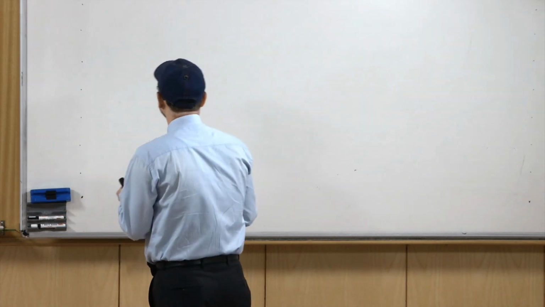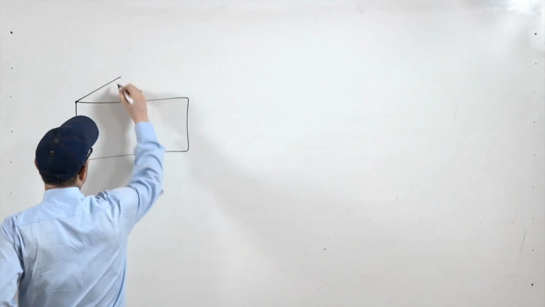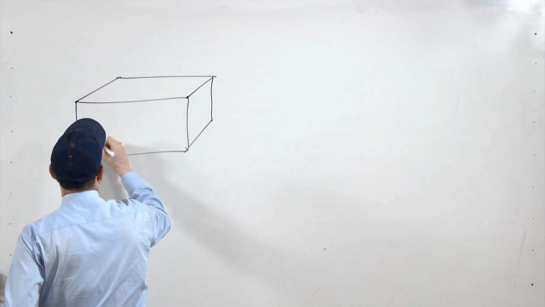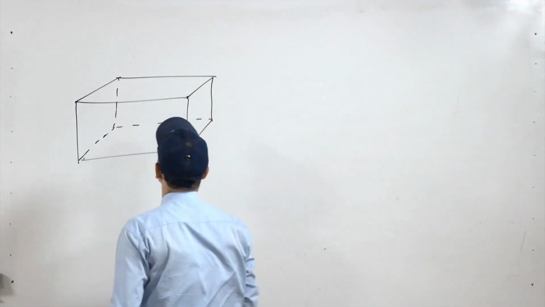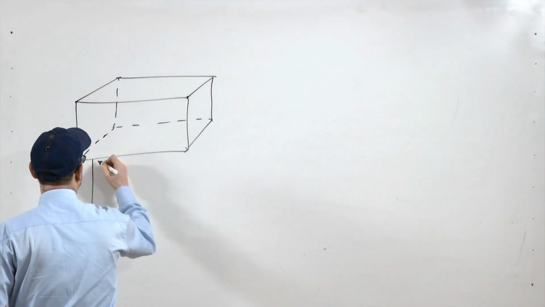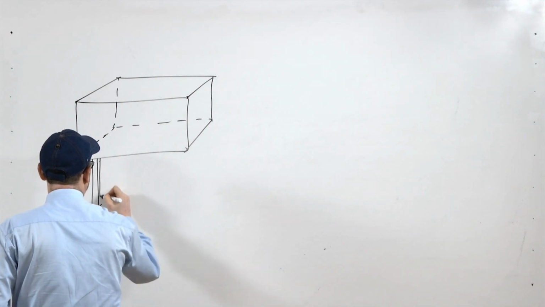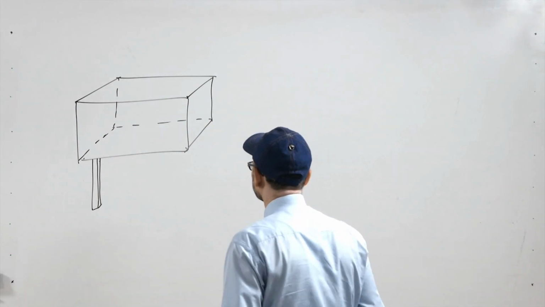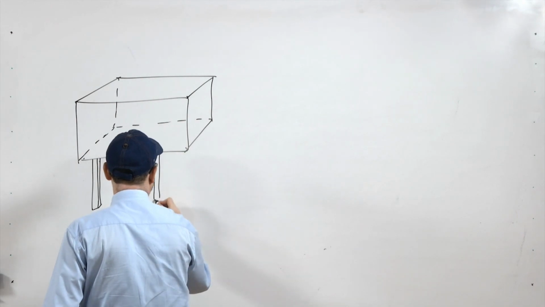So, suppose you have a casting like this, and this is the main casting. This is your parent casting, and suppose a few volumes are attached to it, say these two volumes.